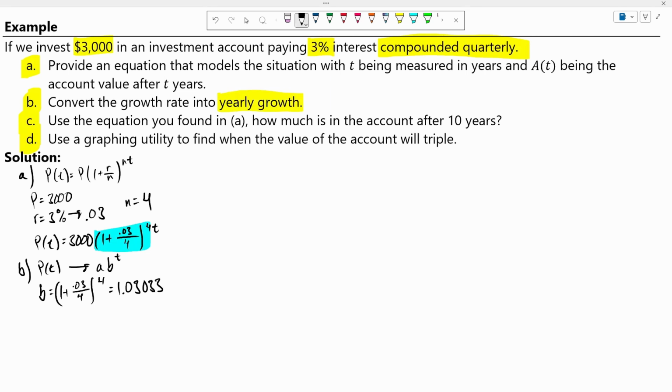1.03033. So this means B is 1 plus 0.03033, 3.03%.